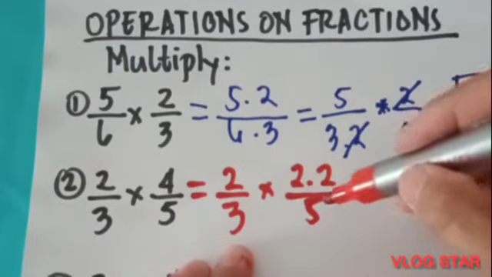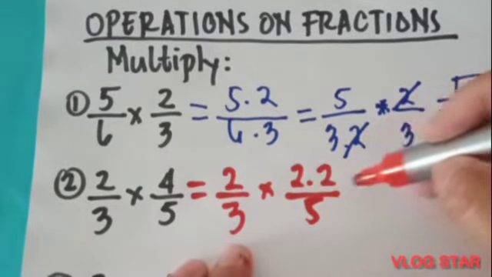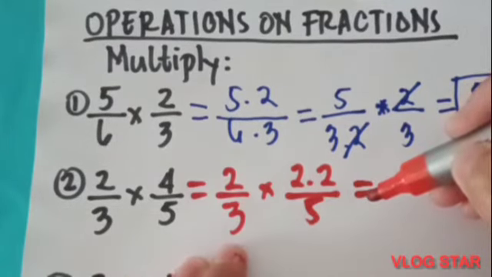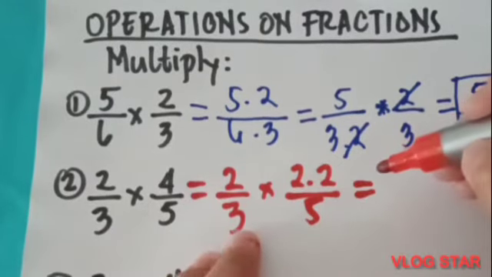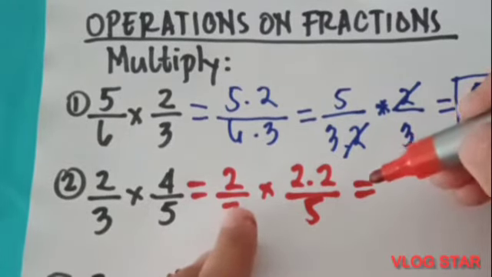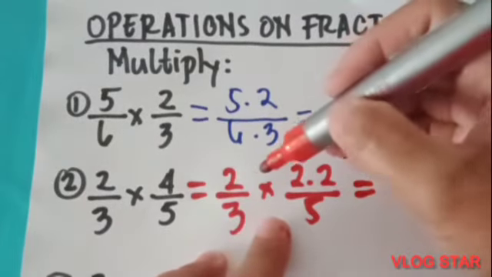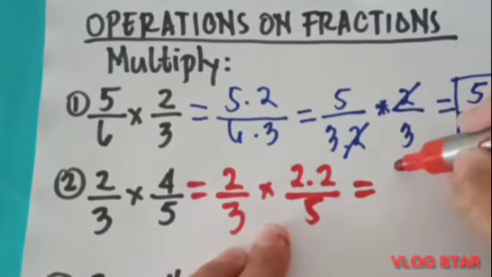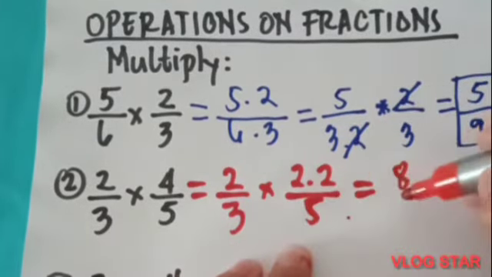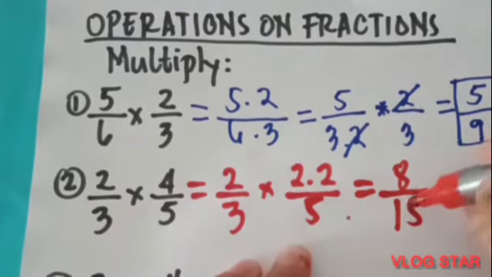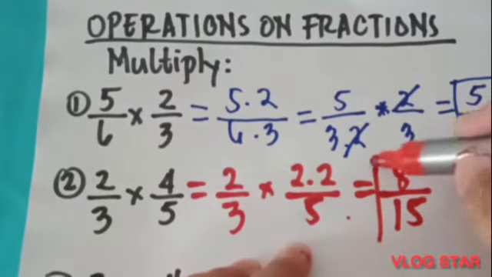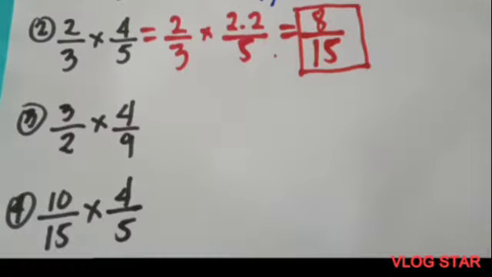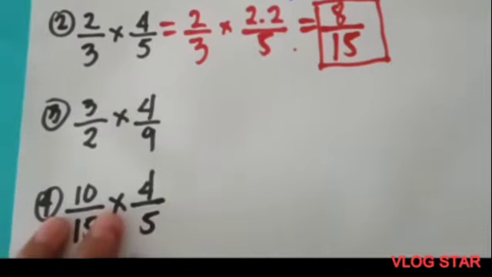So, kung titingnan natin is, wala tayong ma-cancel kasi walang magkaparehas doon sa numerator at saka sa denominator. So, kailangan natin i-multiply yung numerator. So, 2 times 2 times 2 is 8. So, 3 times 5 is 15. So, ang tamang sagot ay 8 over 15.